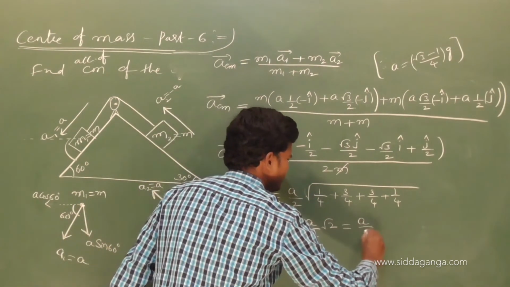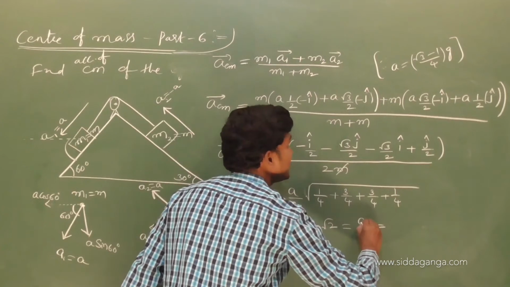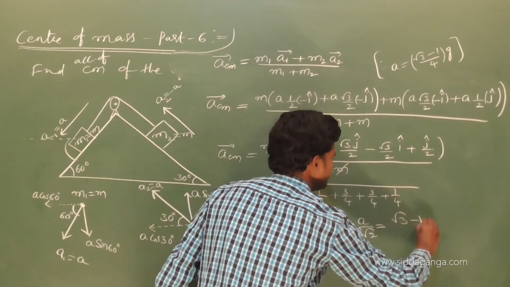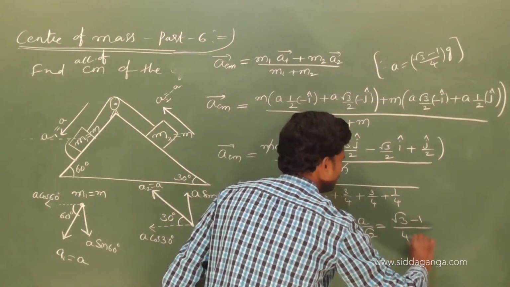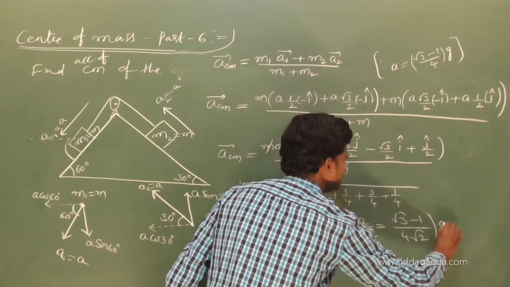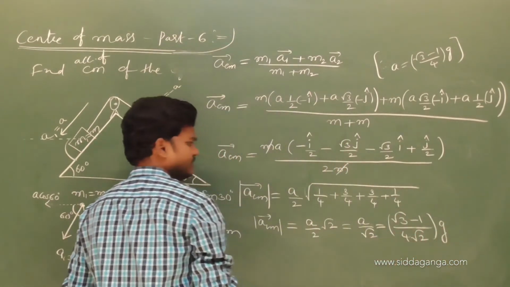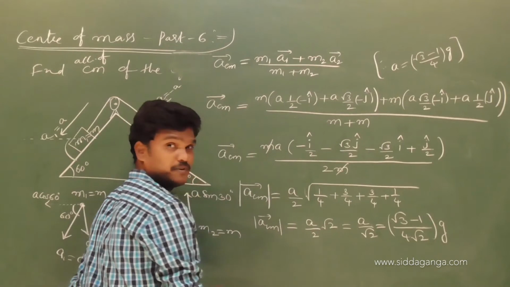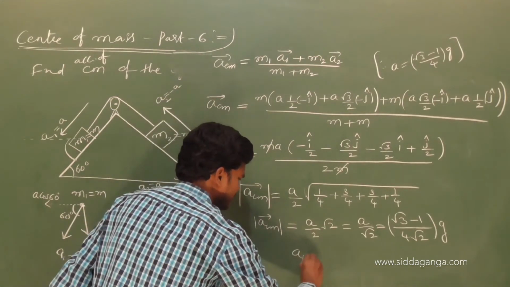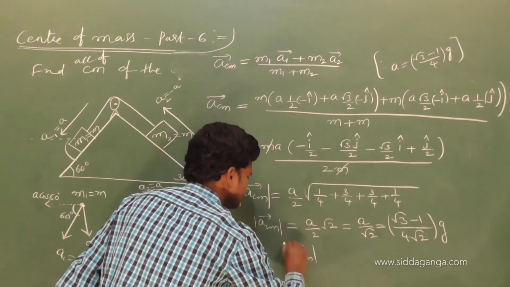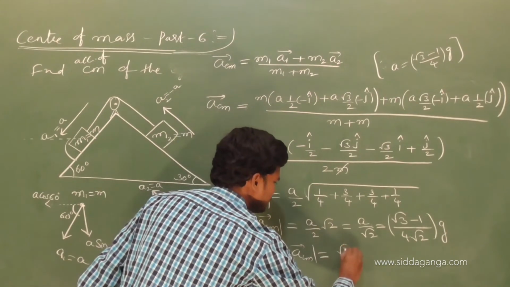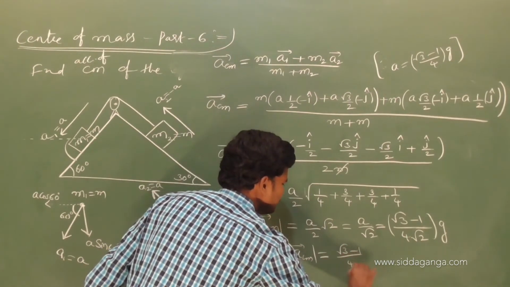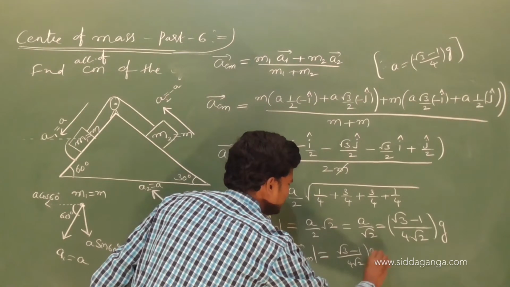Now substitute a value. This is a by root 2. So what is a? Root 3 minus 1, root 2 already there, 4 root 2 into g is our answer. So acceleration of center of mass, magnitude of center of mass is root 3 minus 1 by 4 root 2 into g.